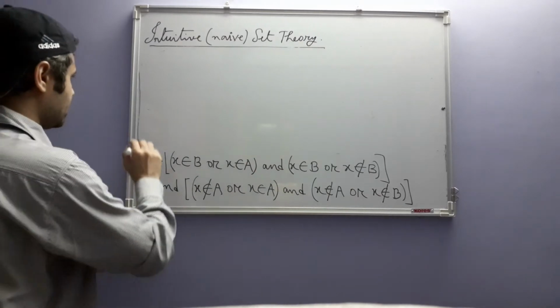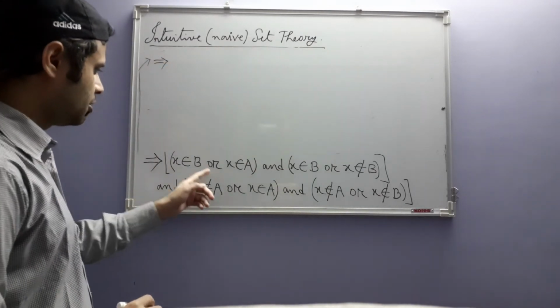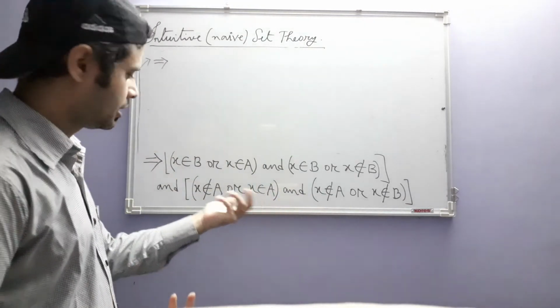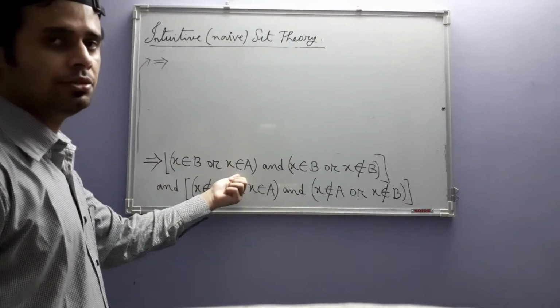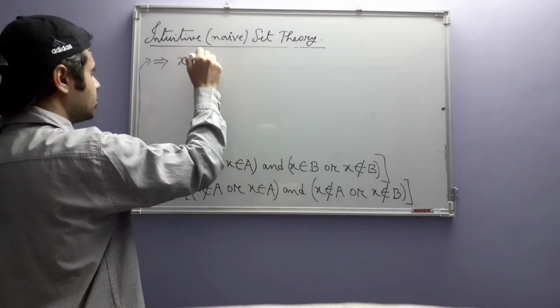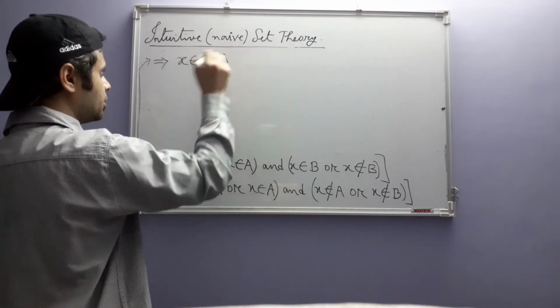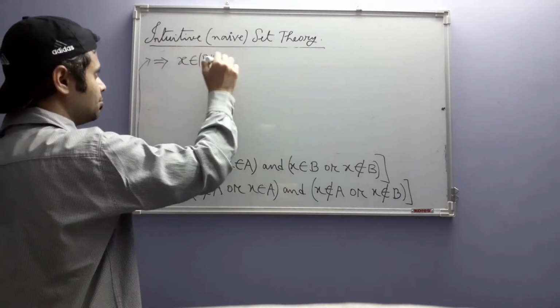So this implies, again I am writing from here, X belongs to B or X belongs to A. This is just X belongs to B union A, which I can also write as A union B, but let's be strictly logical for the time being.